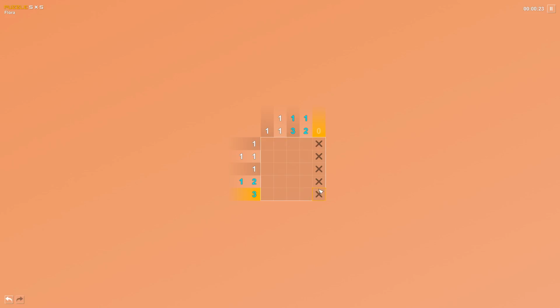Alright, so let's see, what are we gonna do here? This says 1, 3, so I'm guessing 1, 3. 1, 2, no, that can't be right. Okay, there's 3 on the bottom, so I'm guessing 1, 2, 3 on the bottom.